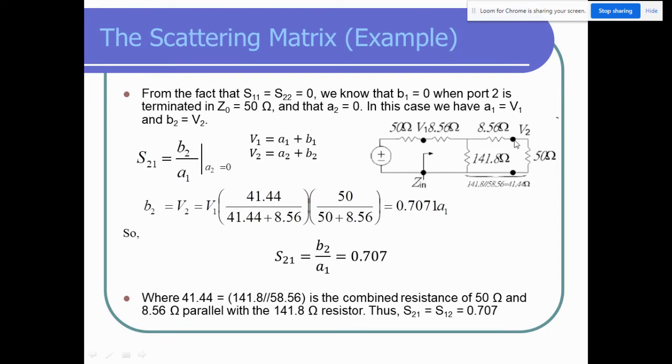We need to find out how much voltage is across this one first. Then we consider this whole network, this two port, and this is the input of the whole circuit, right?